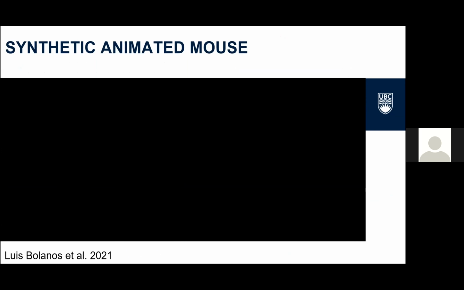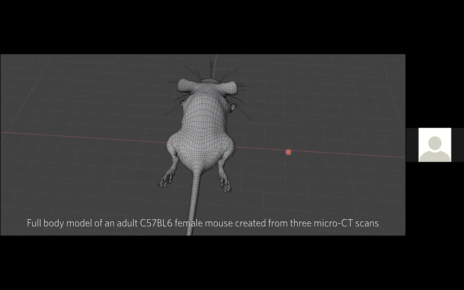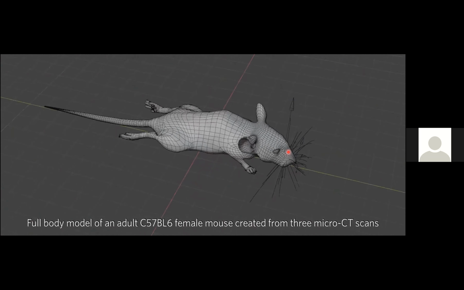That's why we built a synthetic animated mouse based on CT scan images in an open source 3D creation suite called Blender. Our synthetic animated mouse is an open source, high resolution, realistic model of the mouse skeleton, skin, whisker, and fur. So I will show you the video. This video shows how the synthetic animated mouse model works.